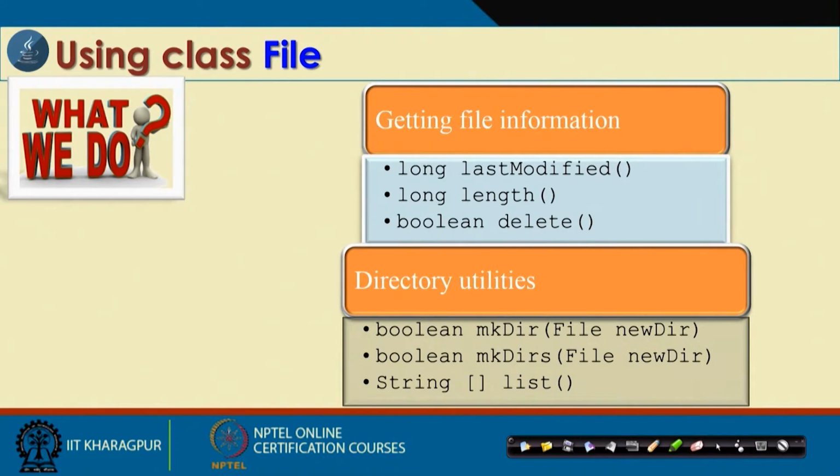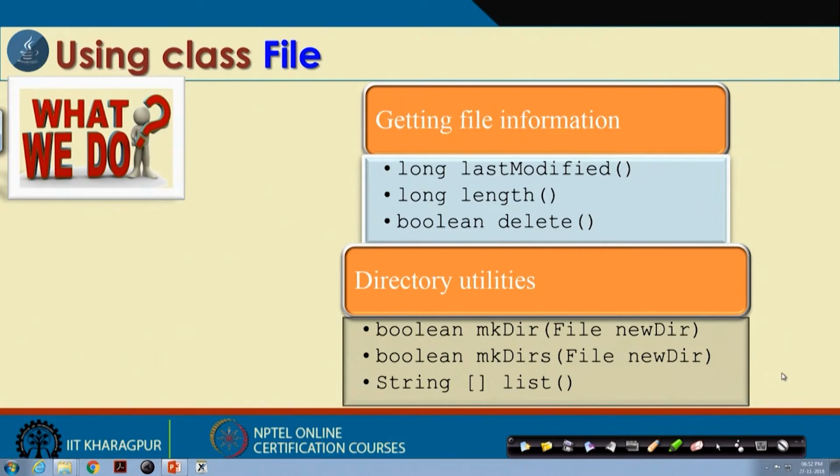There are also some directory utilities, that means using a file we can create a directory and place the file in that directory, and mkdirs, more than one directory can be created. The list of files stored in a particular directory can be accessed using the list method. So, there are many utility methods related to file which help the programmer to handle files in the different ways that they want.